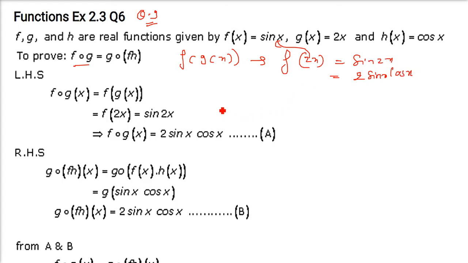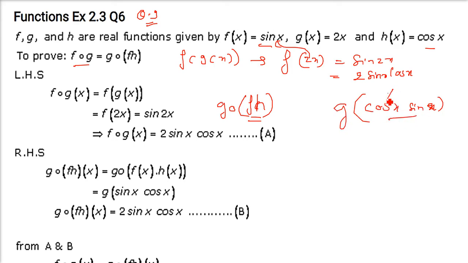And what about g of fh? Here fh is simply fx into hx. You just have to multiply these two. So f is sin x, h is cos x, just multiply them to get cos x sin x.